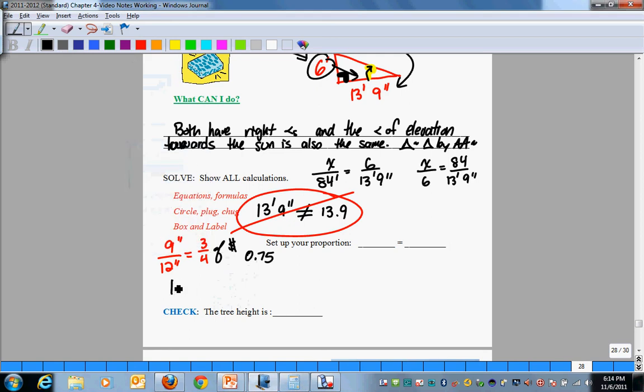So we know that 9 inches must translate to 0.75. So this proportion here is going to be x over 6 equals 84 over 13.75. Be very careful when you do inches to decimals that you do the proper translation. Now you simply cross multiply.